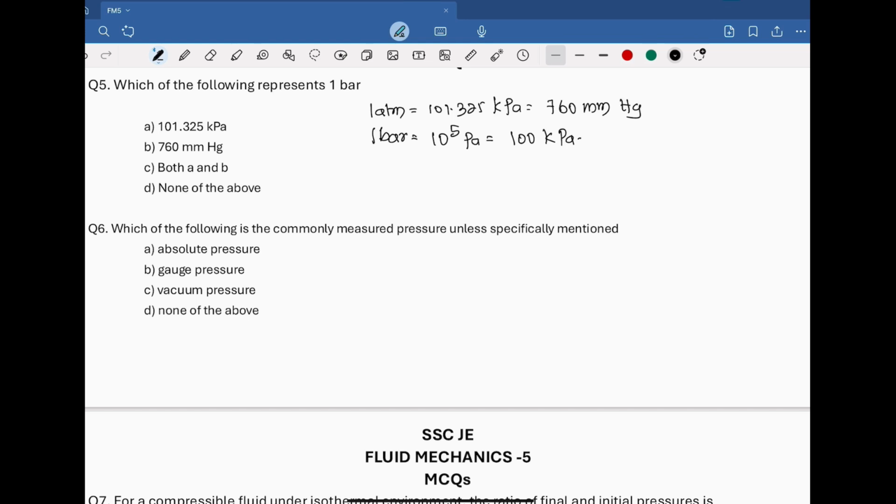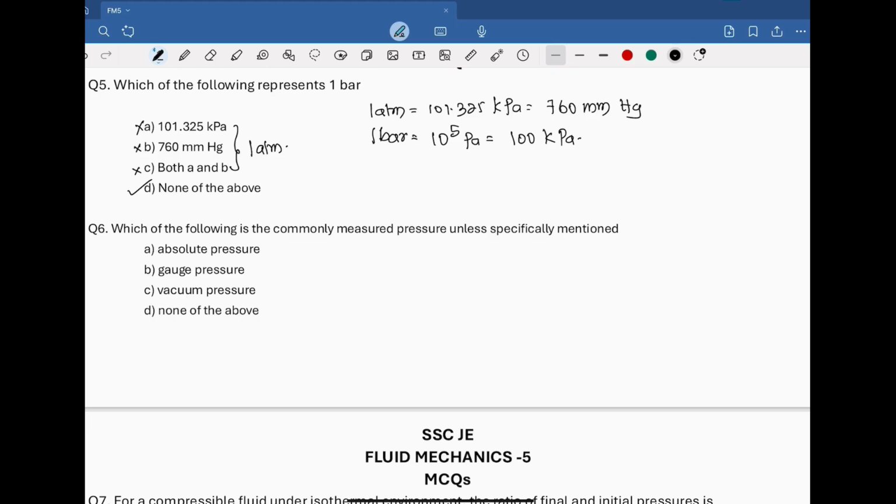Hence, which of the following represents 1 bar? 101.325 is not 1 bar, hence that answer is ruled out. 760 mmHg is not 1 bar, that answer is ruled out. Both A and B are ruled out. These are 1 atmosphere, not 1 bar. None of the above is the correct answer.